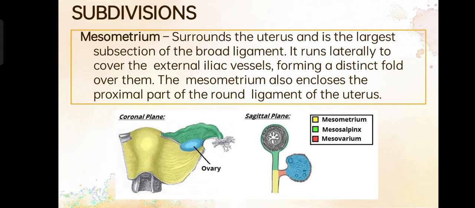Ang mesometrium is kaning red one, kaning nag-hold sa ovary. Ang mesometrium ga-support sa uterus, and kumbaga siya ang major nga nagbuog sa broad ligament.